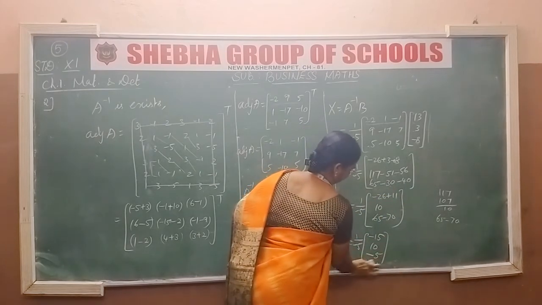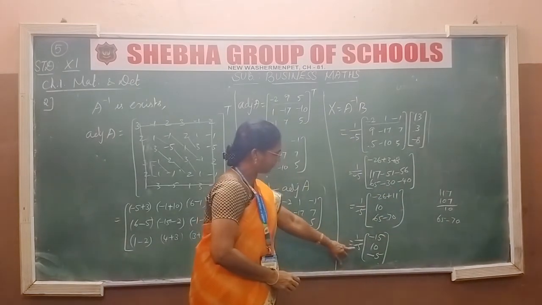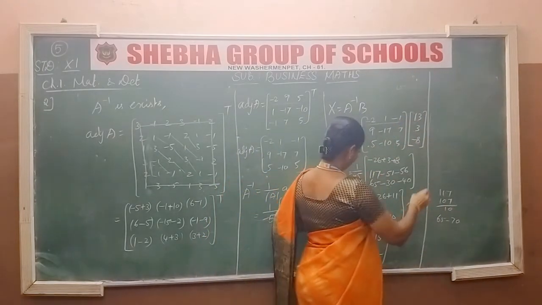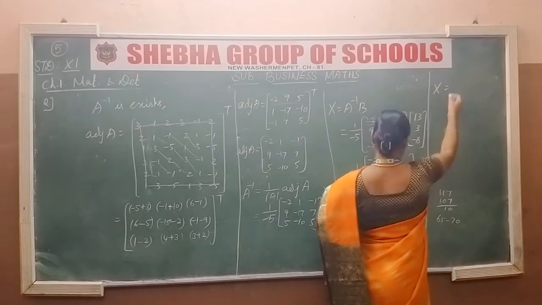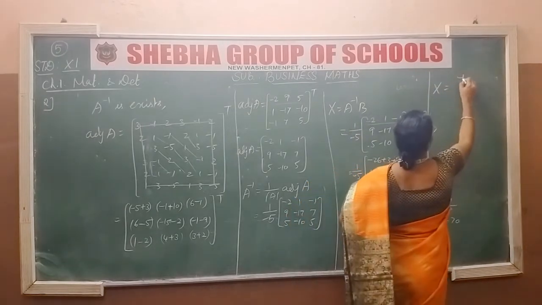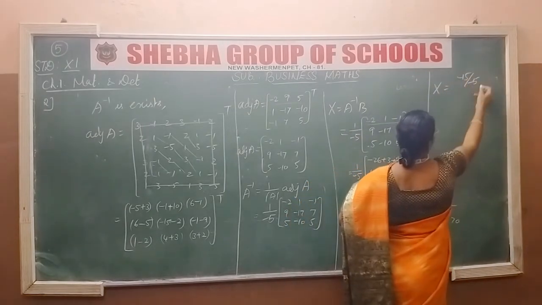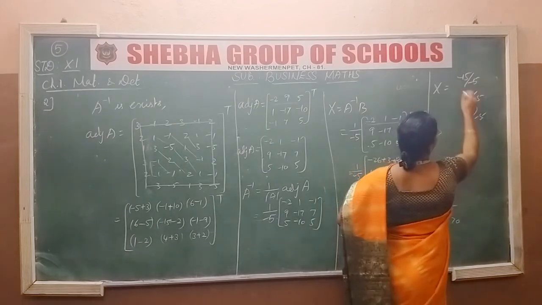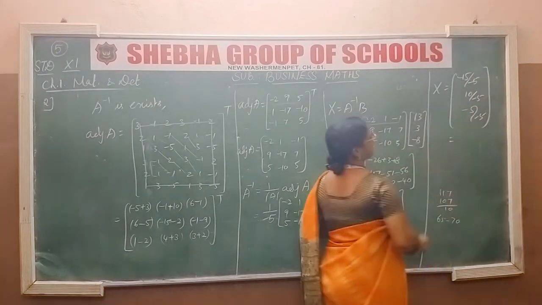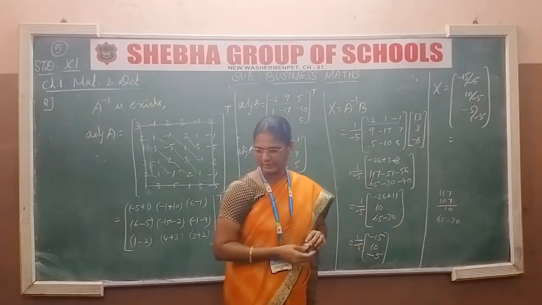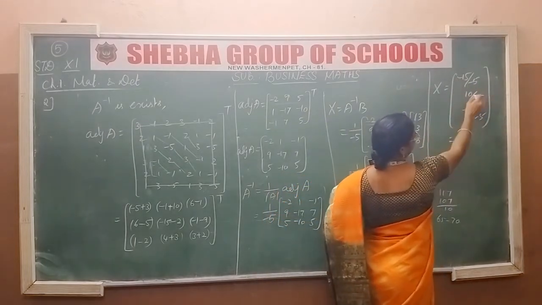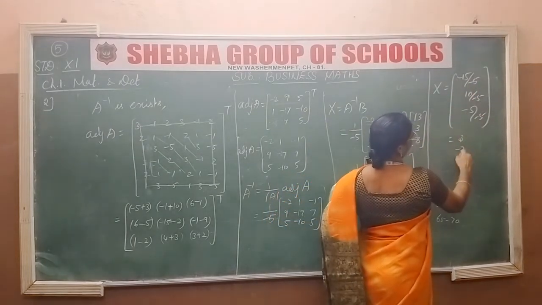Okay. Now we bring this 1 by minus 5 inside. So we get minus 15 divided by minus 5, 10 by minus 5 and minus 5 by minus 5. Okay. So dividing this, minus minus gets cancelled, 3 times, and this is minus 2 and this is 1.